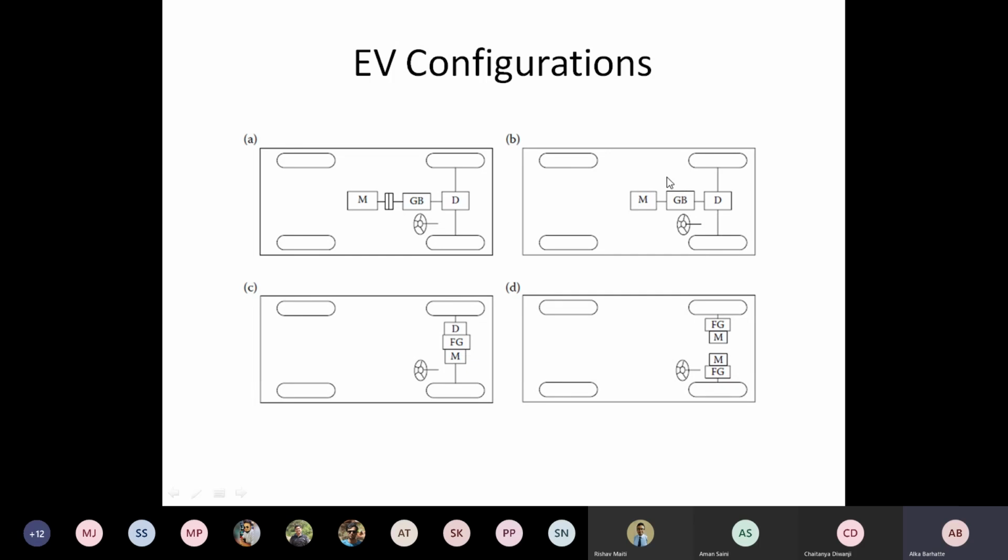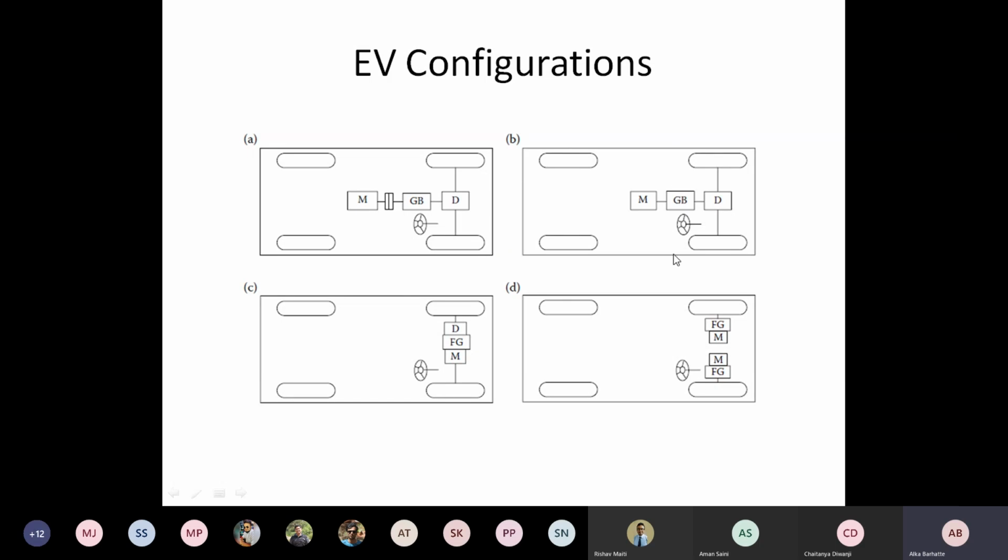Hence the clutch plates have been removed, and the motor is directly connected to the fixed gearbox, which is connected to the differential. So this is how the architecture for electric vehicle has been modified.